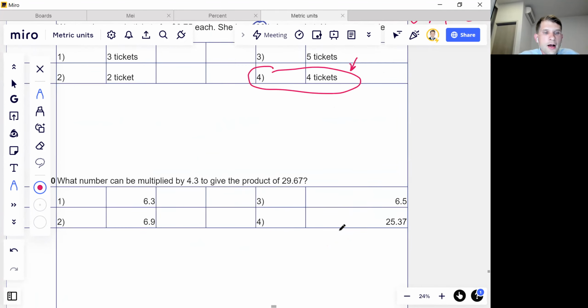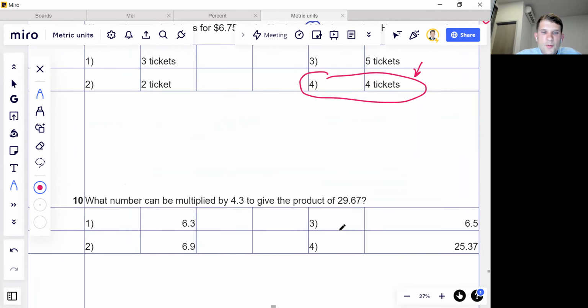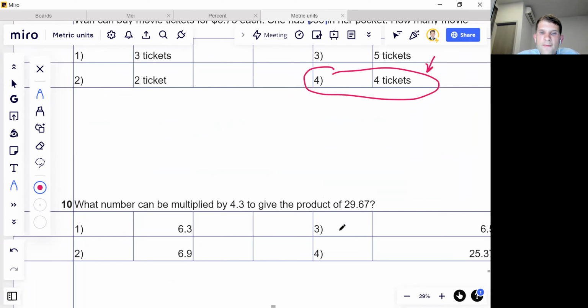All right. Number 10 says, what number can be multiplied by 4.3 to give the product of 29.67? So I'm going to put in my dividend here, 29 and 67 hundredths. And I am going to divide by 4.3.